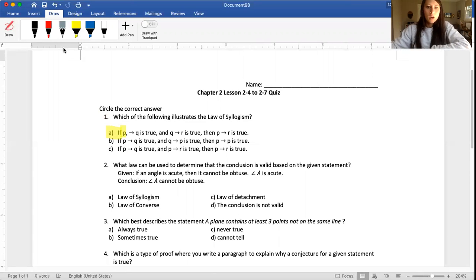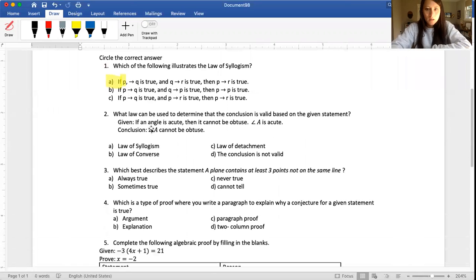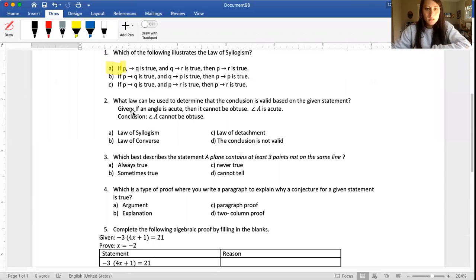Number two here, if we're reading this given statement and the conclusion, and we're asked to decide what kind of law is being used to determine this conclusion, let's take a look at what we have. If an angle is acute, then it is not obtuse. Angle A is acute. So the conclusion is angle A cannot be obtuse.